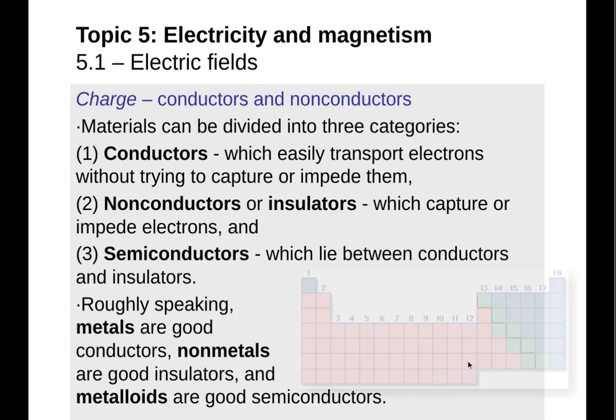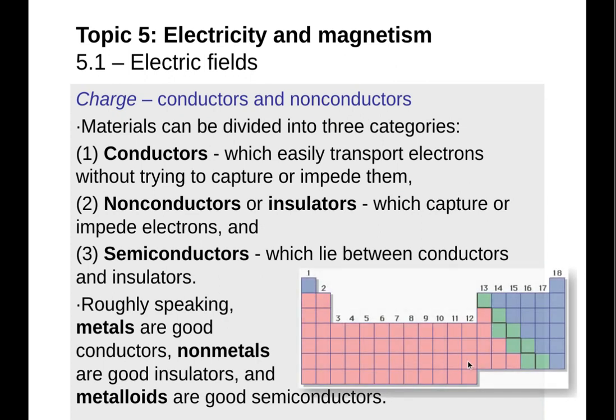So I will show you the periodic table. In the periodic table you can see that there are colors. Are you studying chemistry, all of you? Yeah. Okay, then you will be familiar with this. There are three colors, and the colors show conductors, insulators and semiconductors. These are the metals, means conductors.